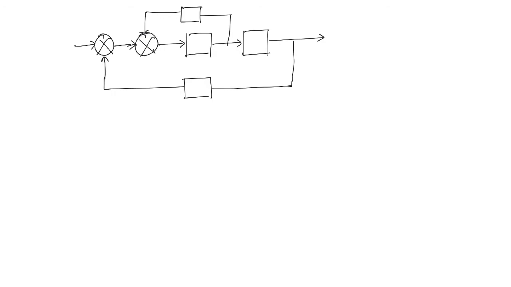Let this be plus, negative, and this be plus, plus, and we will take G1, G2, and with the feedback paths we will take H1 and H2. This is the input R of S and this is the output C of S. We will try to get the corresponding signal flow graph.